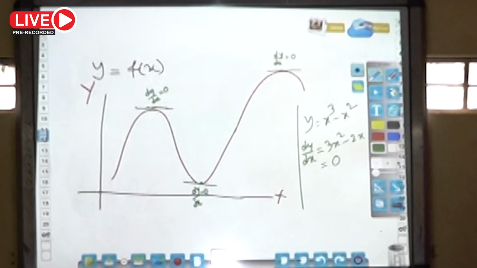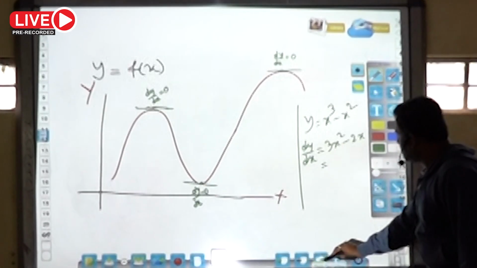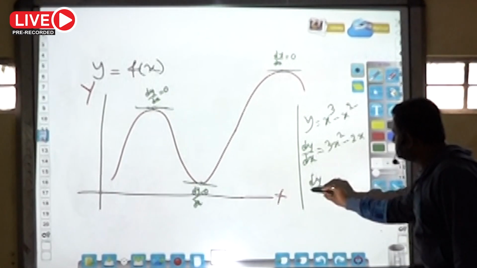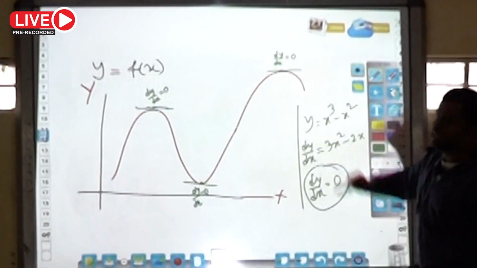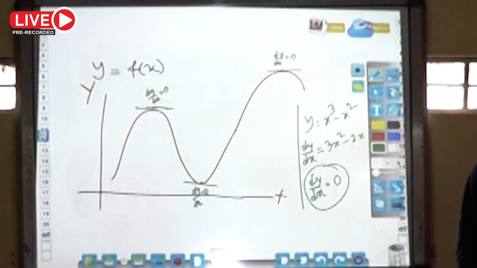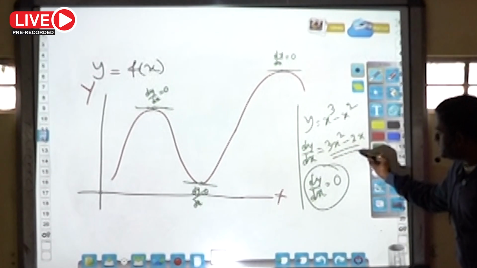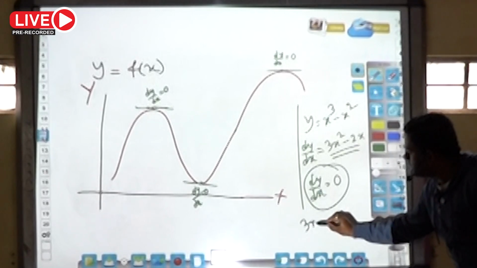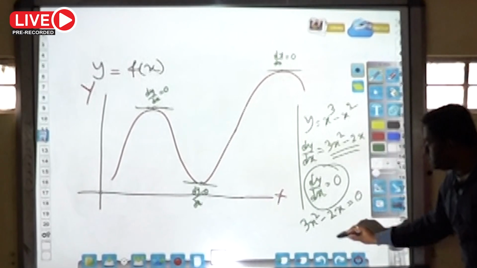I will set dy dx equal to 0, because we know from this that whenever the tangents are horizontal, dy dx will be 0. So I will set dy dx equal to 0 and I will get an equation, that is 3x square minus 2x equal to 0 in this particular example.